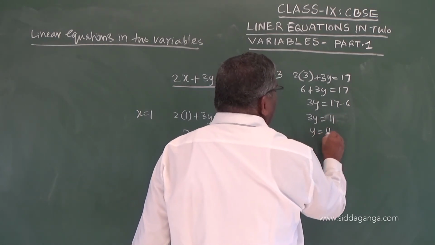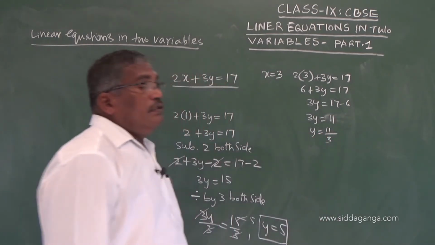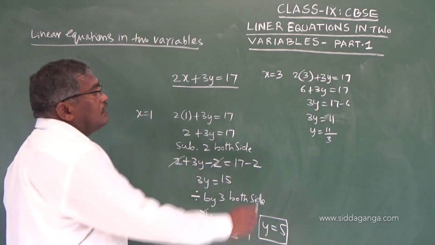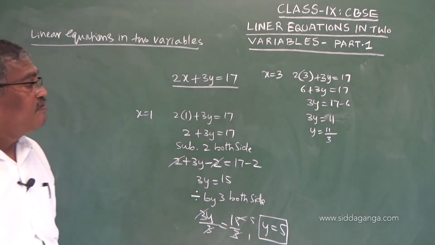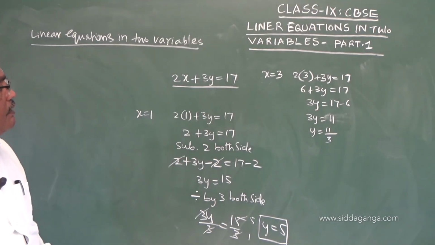Y is equal to 11 by 3. So we got, when x equals 3, y is equal to 11 by 3.